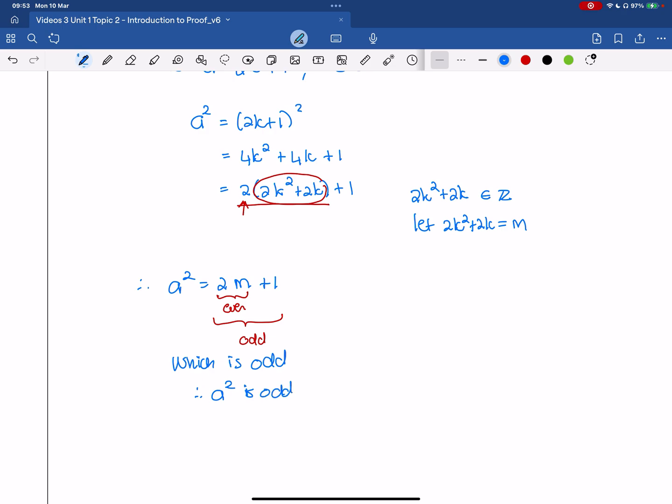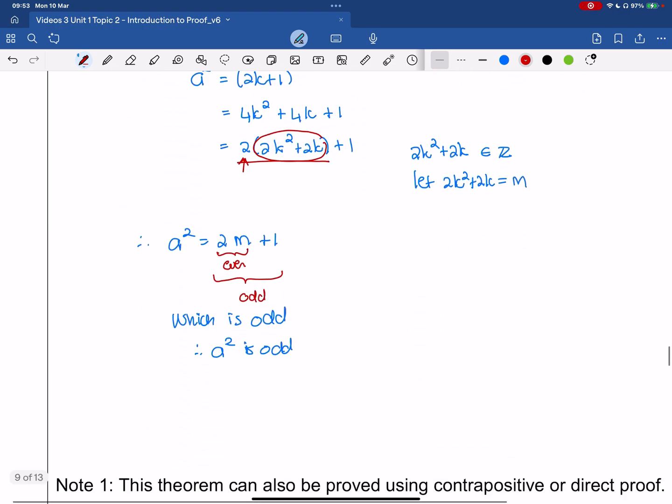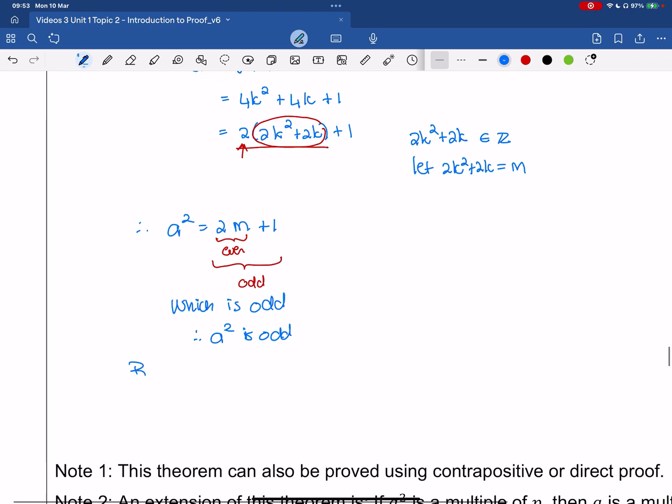But hang on, we're saying that a squared is even. Up here, we've supposed a squared is even. So we're contradicting, because something can't be even and odd. Okay, so, but a squared can't be both odd and even, so therefore we have a contradiction.